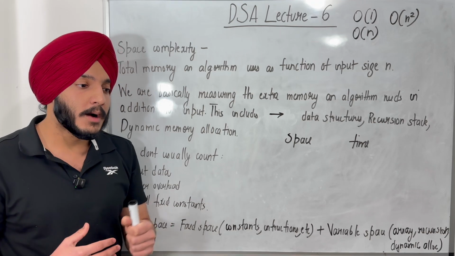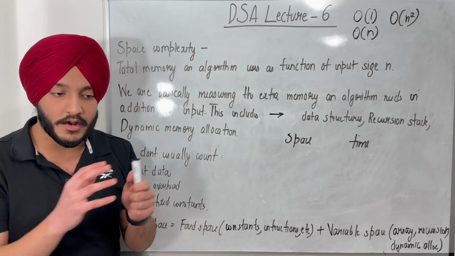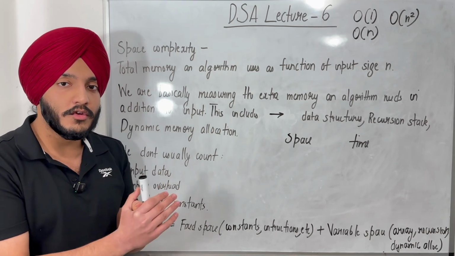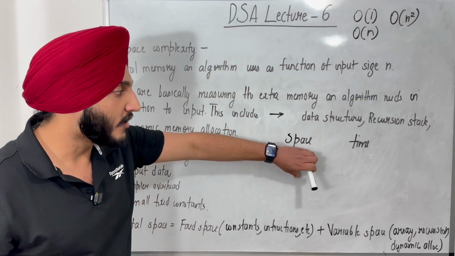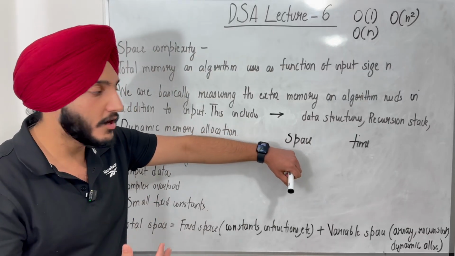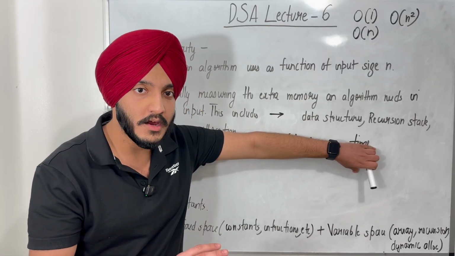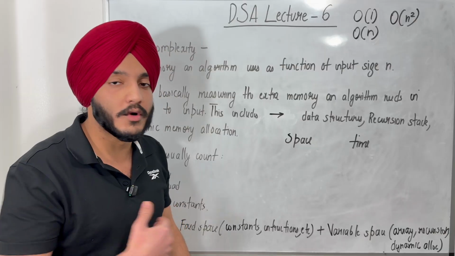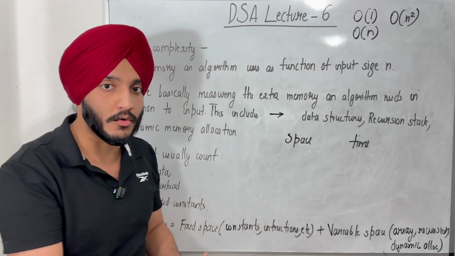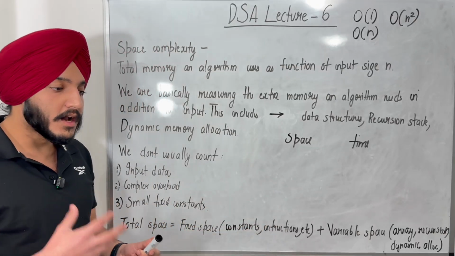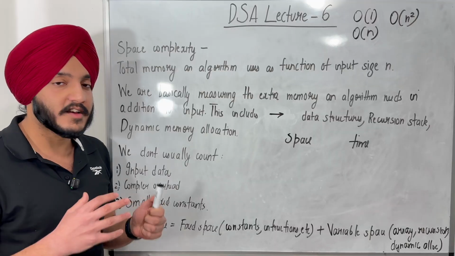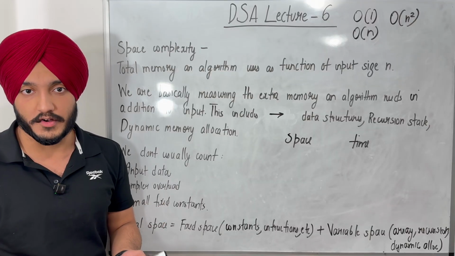Based on whatever algorithm you're making, you need to decide whether you need it to be fast and can use memory, or you don't have memory or don't want to use it, and then it's okay if the algorithm is slow. That is why we always consider space and time complexity in the first place.